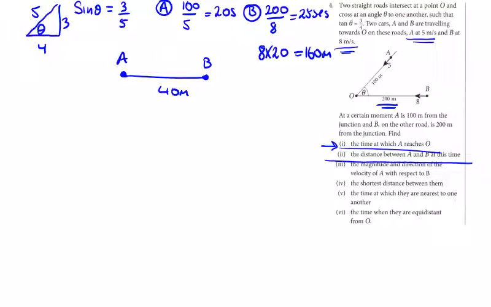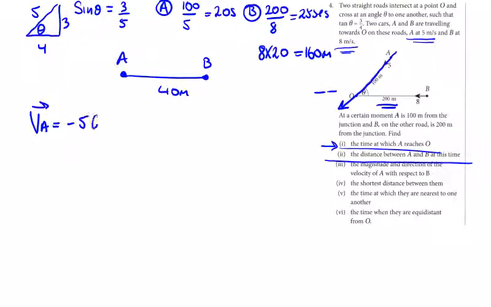The magnitude and direction of the velocity of A with respect to B. The velocity of A: A is traveling at 5, so what direction is it going? It's going down this way, so minus, minus.